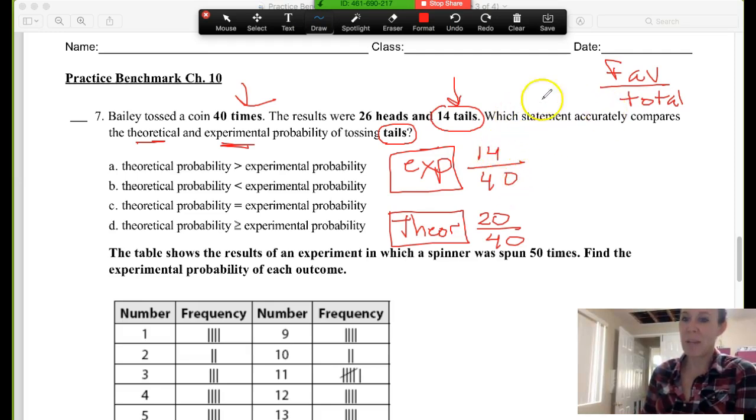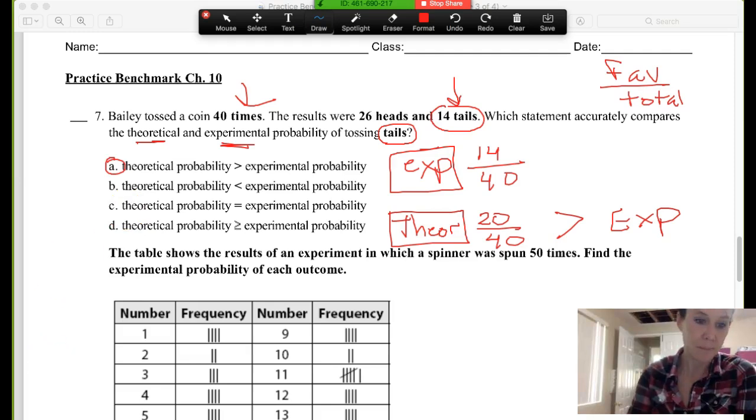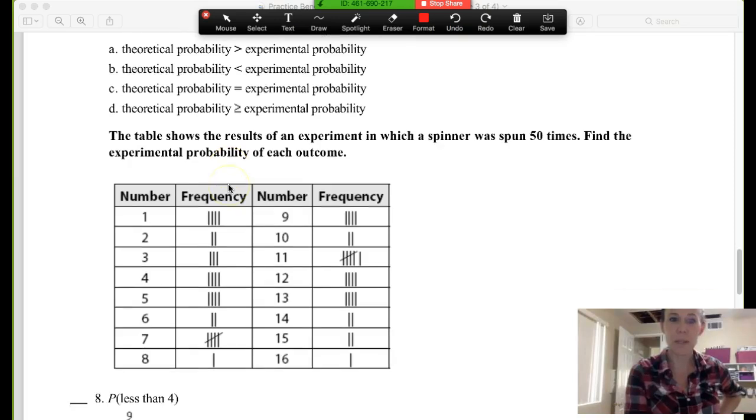So which statement accurately compares the theoretical and the experimental probability for this case? Well, the theoretical is bigger than what actually happened, the experimental. So theoretical would be greater than experimental. That's what happened right there. All right.